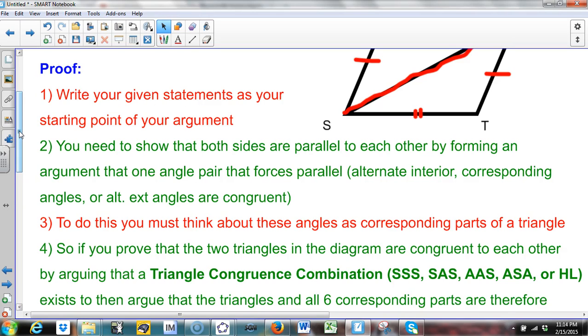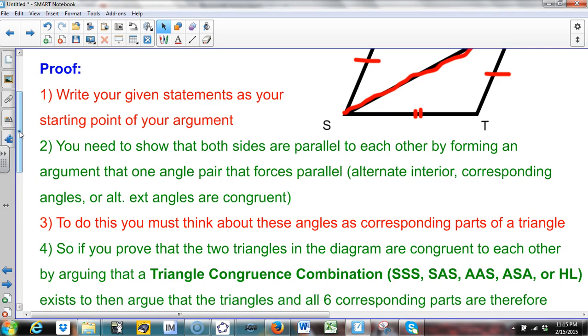So the first thing, this is what I was thinking about. Well, what would I do first or think about first? When you start your proof in the body, you always start with your given information. That's really your starting point of your argument. So you're writing your argument down in your proof. That's what the proof really is. So as it flows downward, you're just connecting statements that are true, that have to be true.